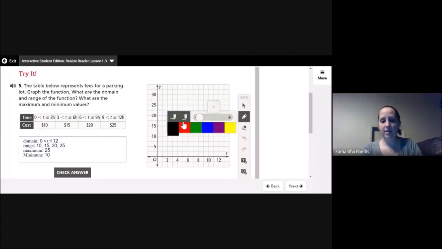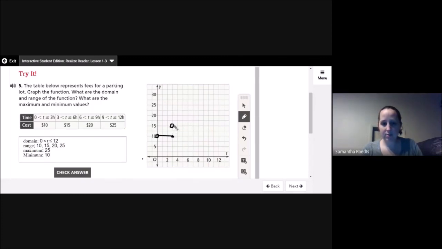So when I graph this, I start at 0. So from 0 to 3, my cost is 10. From 3 to 6, my cost is 15.